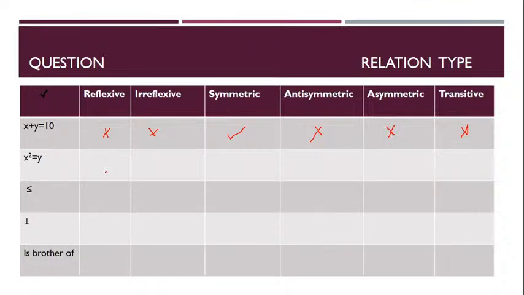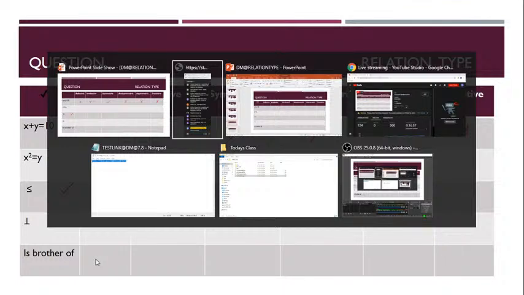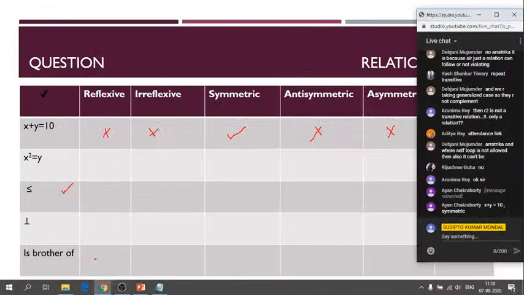Now quickly, because 5 minutes are left before the quiz, let's check this portion, that is less than or equal to, fine, and this time I'm expecting an answer from you. So I'm taking this one. Please, all of you, check this less than or equal to quickly.